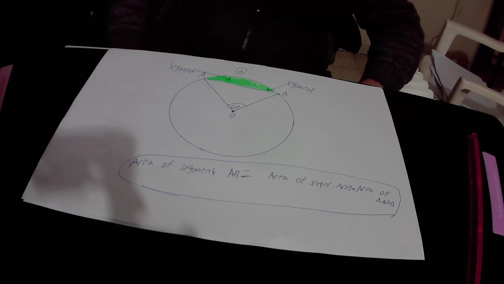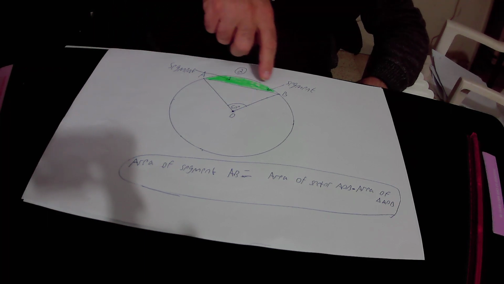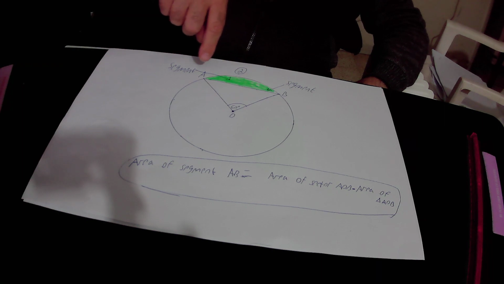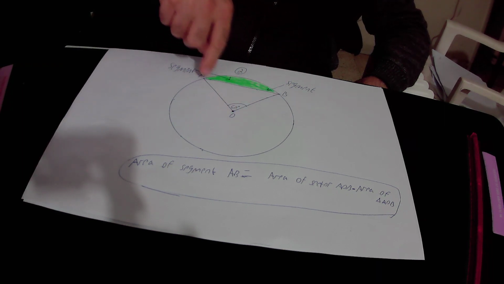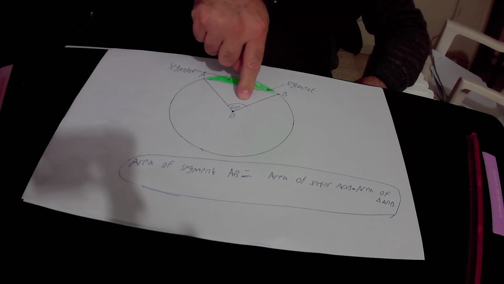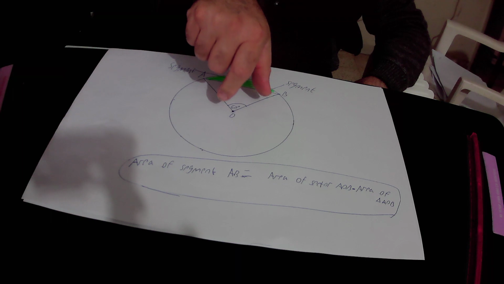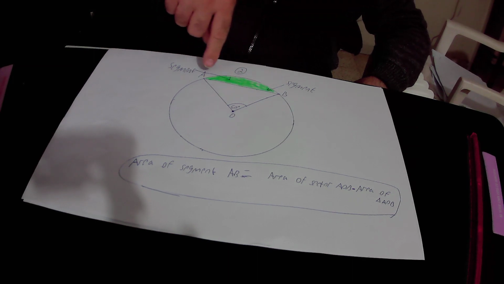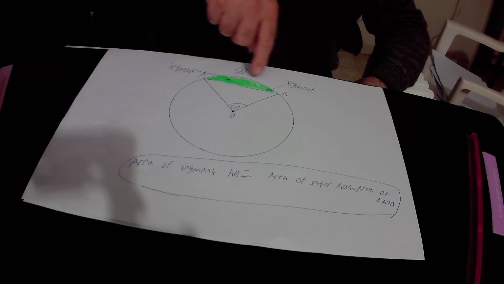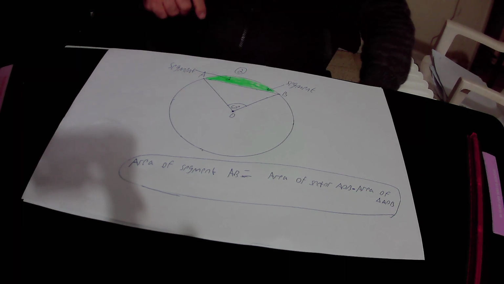Again, the area of segment AB, the green shape, equals the area of sector AOB, this area, minus the area of triangle AOB. So if you subtract from the area of sector AOB the area of triangle AOB, you will get the area of segment AB, that is the area of this green shape.